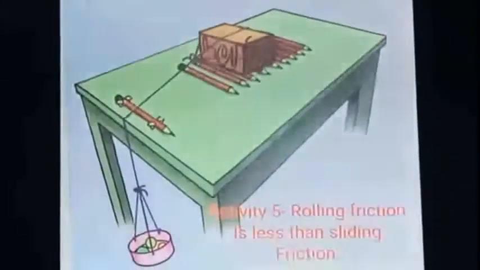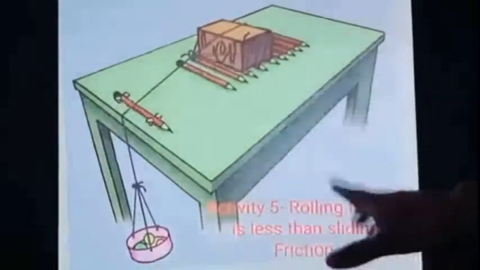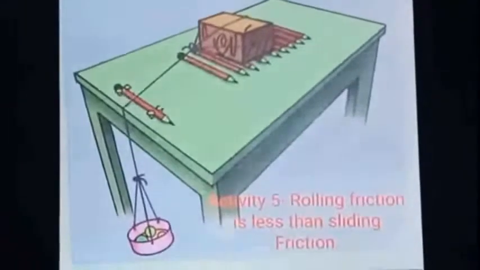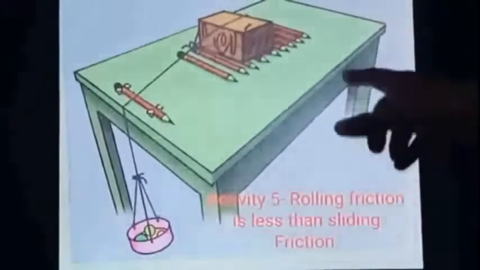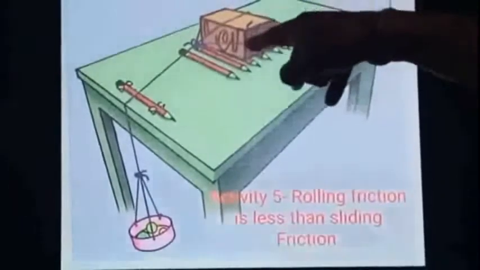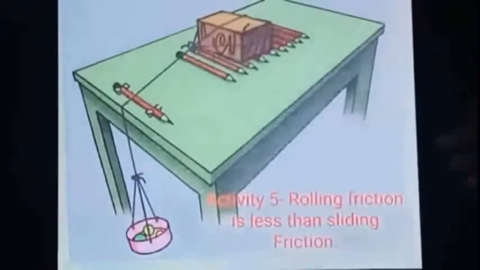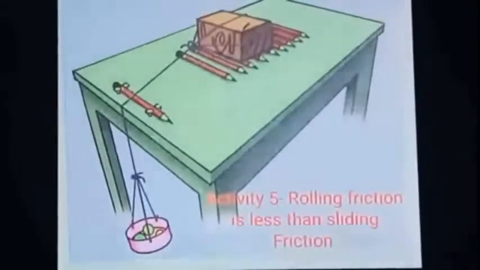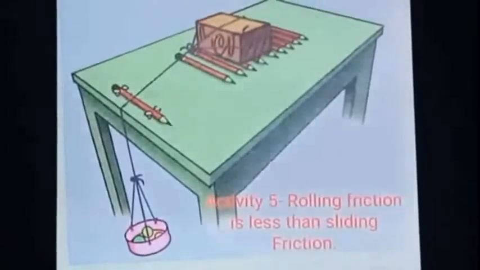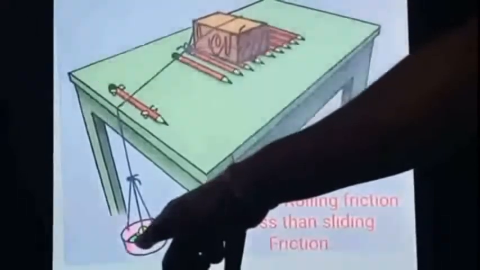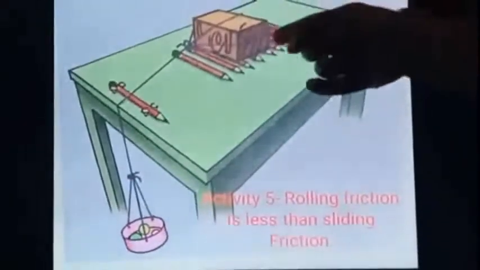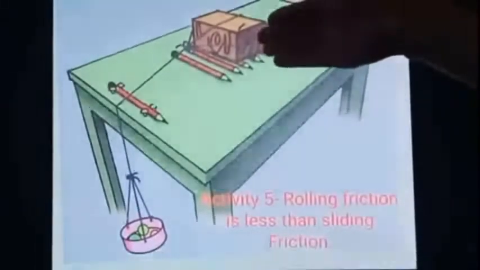Now we discuss activity number 5. Rolling friction is less than the sliding friction. For this activity, we make the same arrangement as we did in activity number 4, but this time we place round pencils below the wooden block. Now we observe that this time we put a small number of marbles in the pan, and the block moves over the pencils.